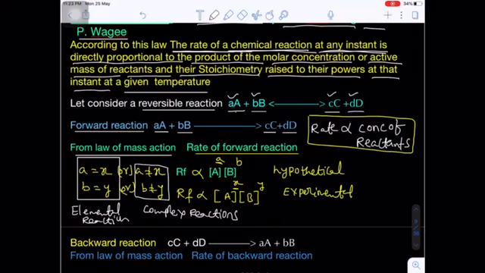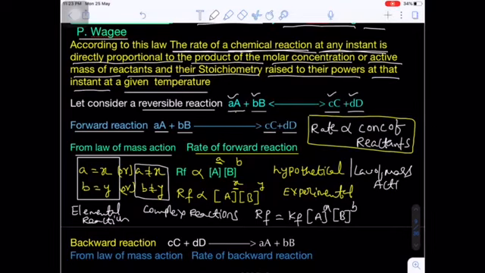Okay, now here I am writing Rf is equal to some proportionality constant, Kf, into A to the power small a, B to the power small b, according to the law of mass action.